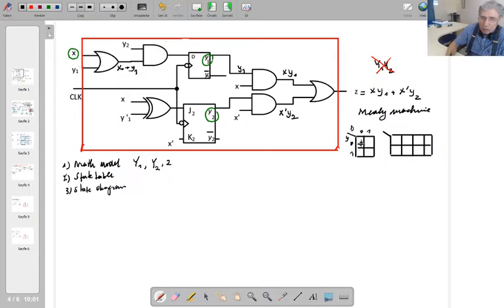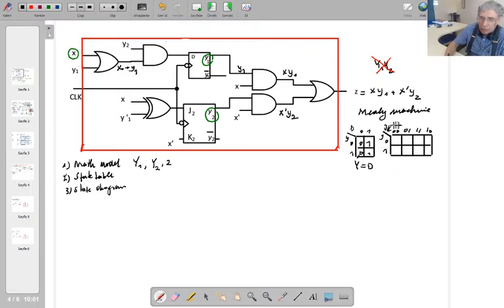When the input is 0, output is 0. When the input is 1, output is 1. So this is capital Y equal to D. For the JK flip-flop, 0 0, 0 1, 1 1, 1 0, and the small y is 0 1.